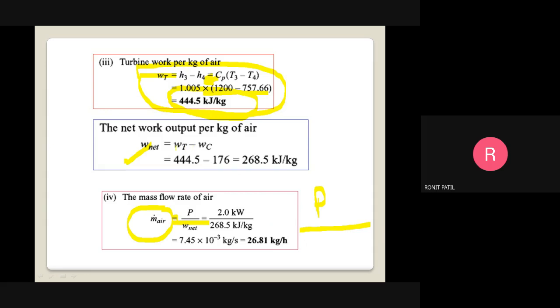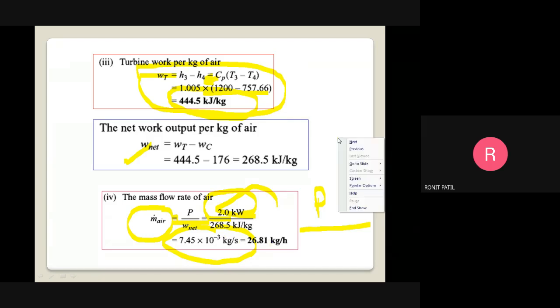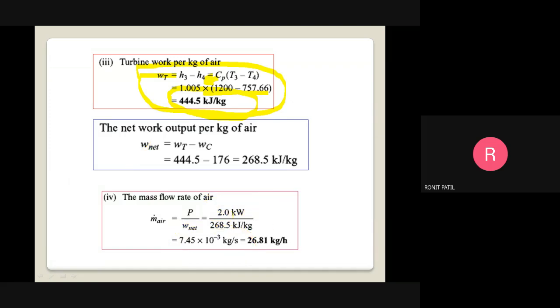Power is 2 kilowatt, that is given in the problem statement, and W net is 268. So to produce 2 kilowatt of power, the mass flow rate is 7.45 into 10 to the power minus 3 kg per second, or 26.81 kg per hour. This is the air flow rate required to produce 2 kilowatt of power.